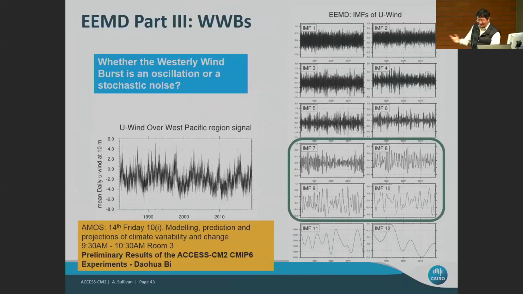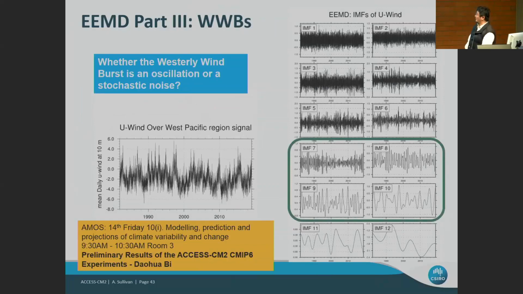How about part 3? Yes, there's a part 3. Please come to Dave's section; Dave will host it in demos, and I will show you some results from our model. The topic will be, like Peter said, what's the meaning after you decompose? In this case, it's a westerly wind burst. After decomposing, I realized that people say westerly wind bursts are sort of noise, stochastic forcing.